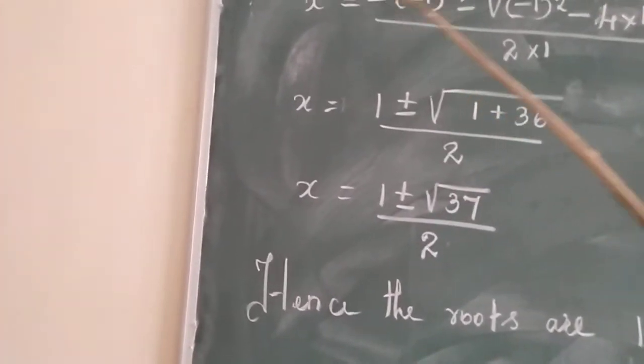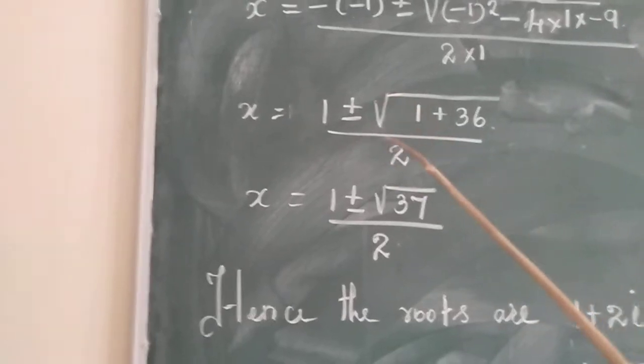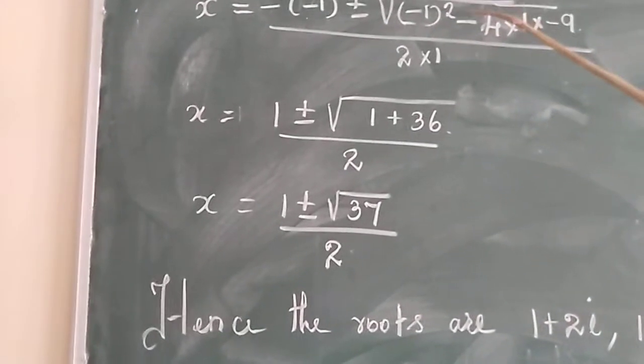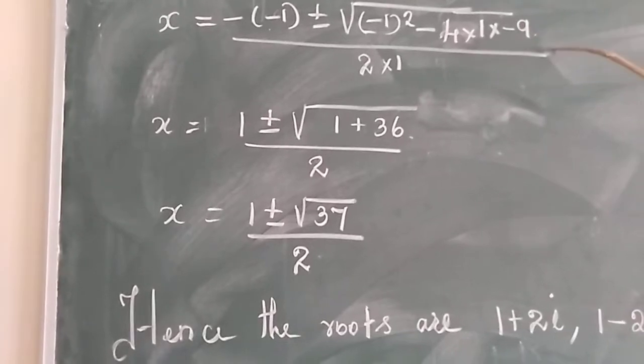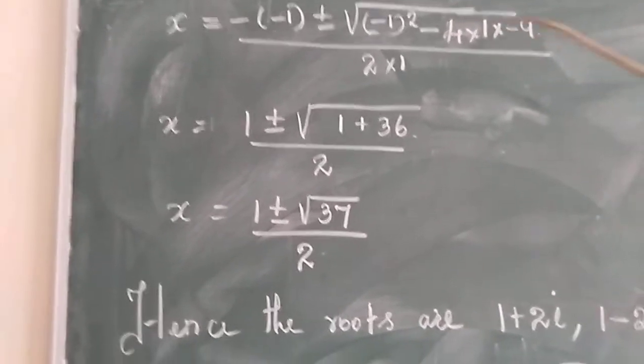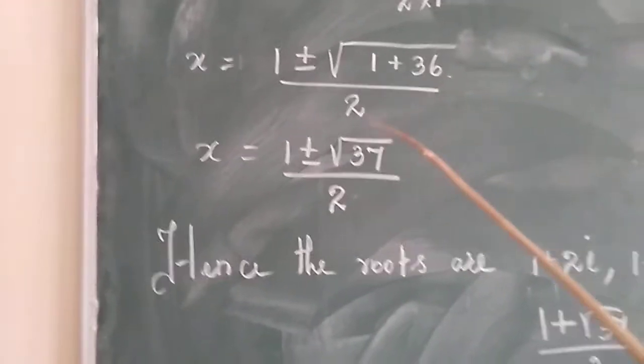Now minus into minus will become plus, so x equal to 1 plus or minus square root of minus 1 the whole square, which is plus 1, and minus 4 into minus 9, minus into minus is a plus, and 4 into 9 is 36, divided by 2.